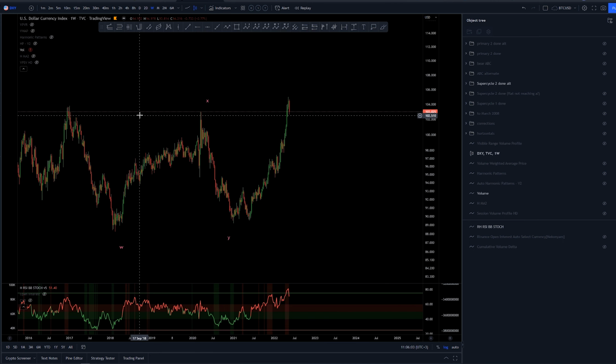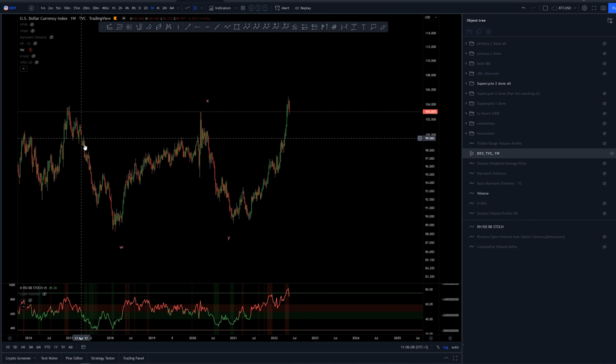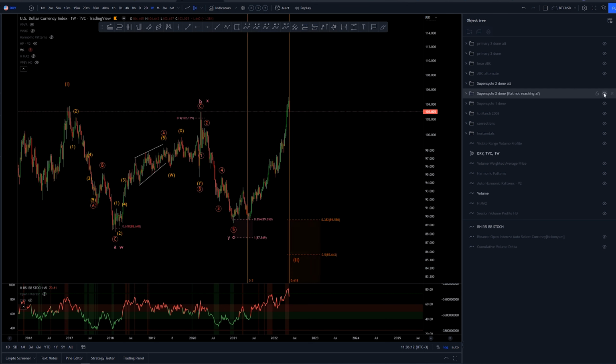This one is the first one. Instead of ABC, we have a WXY, and this was basically the same structure here, except the C wave, instead of being 5 waves here, we would have it as a WXY that I'm going to show you next.